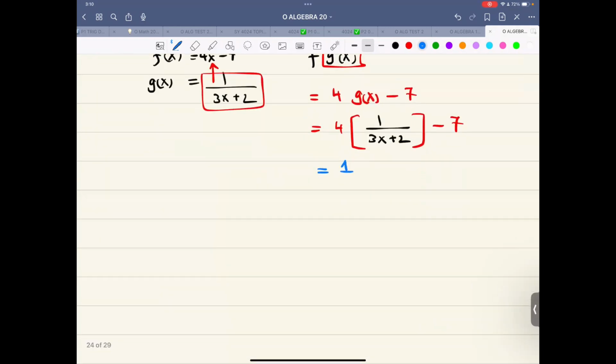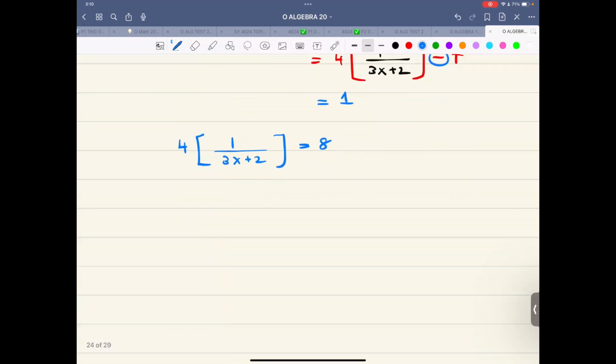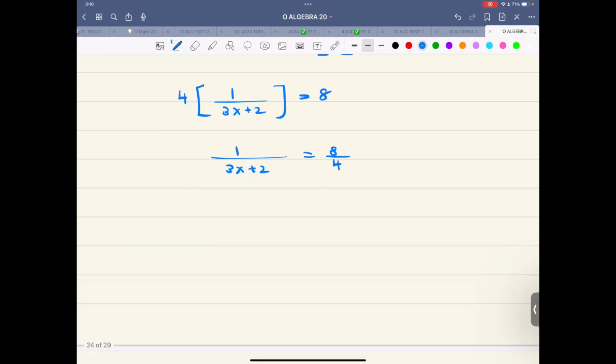So therefore, 4 bracket 1 over 3x plus 2 minus 7 is equals to 1, therefore equals to 8. This negative 7 goes on the other side, adds up. 1 over 3x plus 2 is equals to 8 over 4, which is 2. So therefore, 3x plus 2 is equals to 1 over 2.